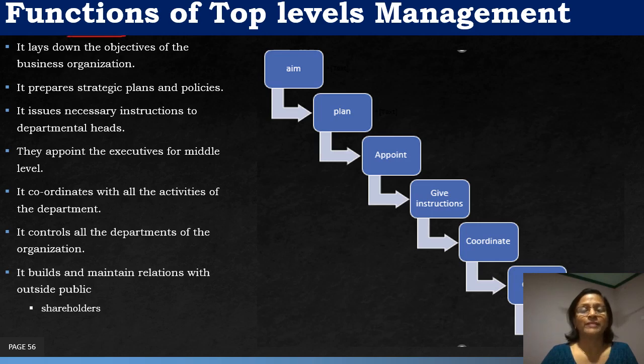Functions of top level management. The functions of top level management is to create an objective or aim for the organization. Based on the aim, they plan the course of action to be taken, after which they appoint mid-level management. They give instructions to middle-level management.